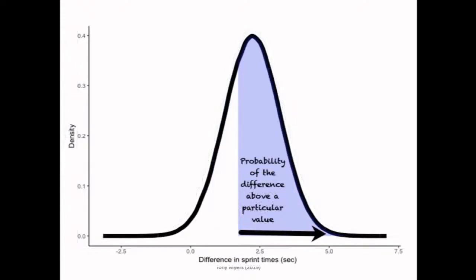Another property that's very useful is we can get the probability of a difference above any particular value we want. So if we've got an idea of measurement error, or a particular time difference would be really important in the context we're looking at, we can very straightforwardly calculate a probability of a difference above a particular value.